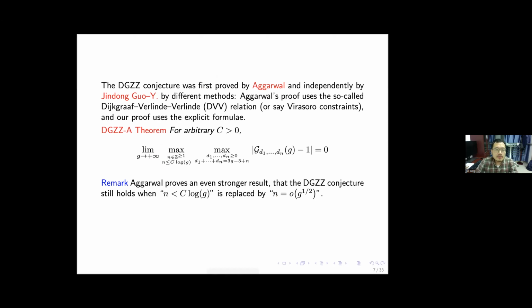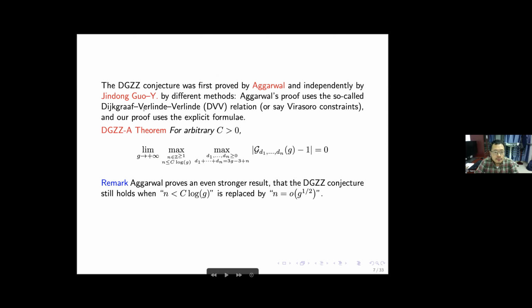Okay, so this DGZZ conjecture was first proved by Aggarwal and then later independently by Jindong Guo and myself by different methods. Aggarwal's proof uses the Virasoro relation, or equivalently called Virasoro constraints.